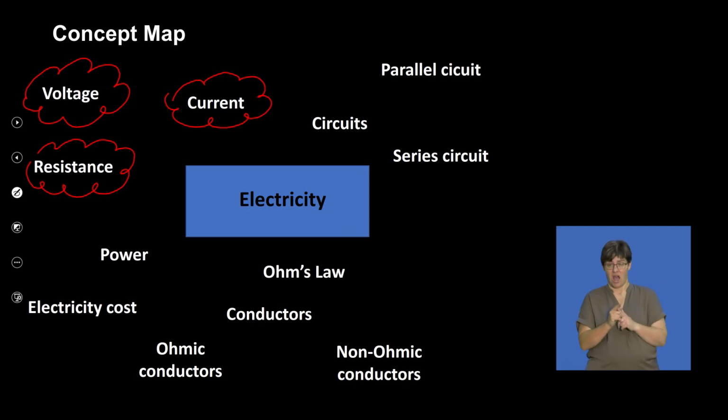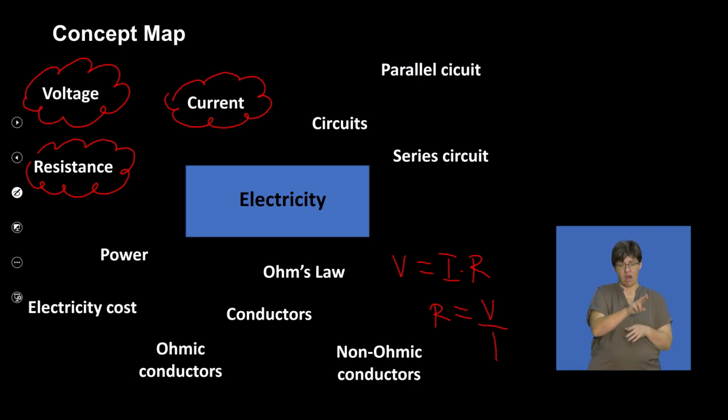So if you calculate the gradient of the voltage versus current graph, you get the resistance, because Ohm's law says that V equals I times R. There's a variation in terms of the subject: we can also talk about the ratio of voltage and current, which is R equals V over I.